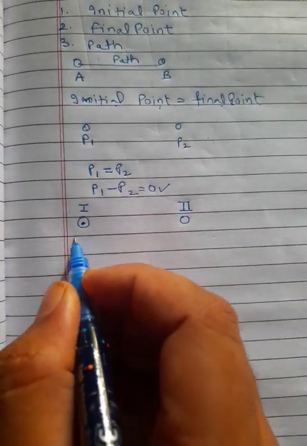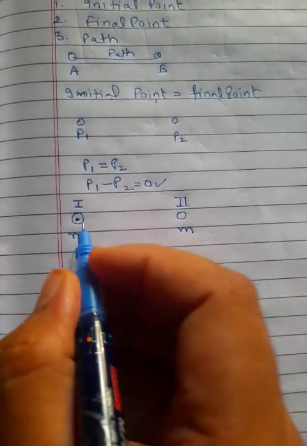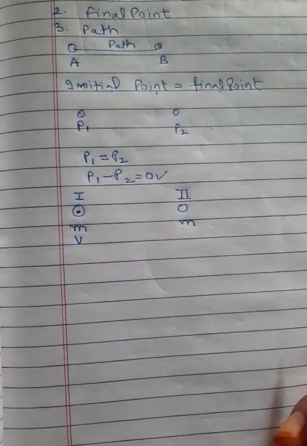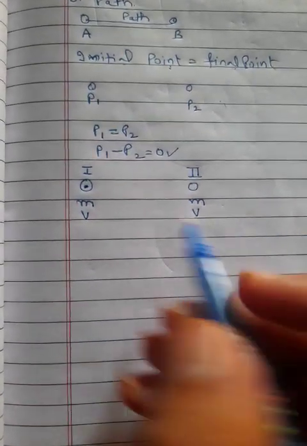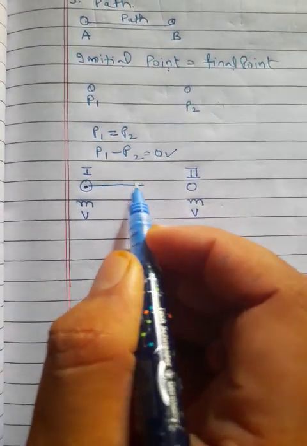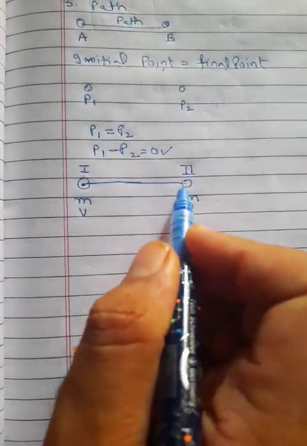The mass of the ball here is m, and here also the mass of the ball is m, and the velocity of the ball is v. Here the velocity of the ball is also v. Okay? And it will reach from the first position to the second position after covering this path. Okay?